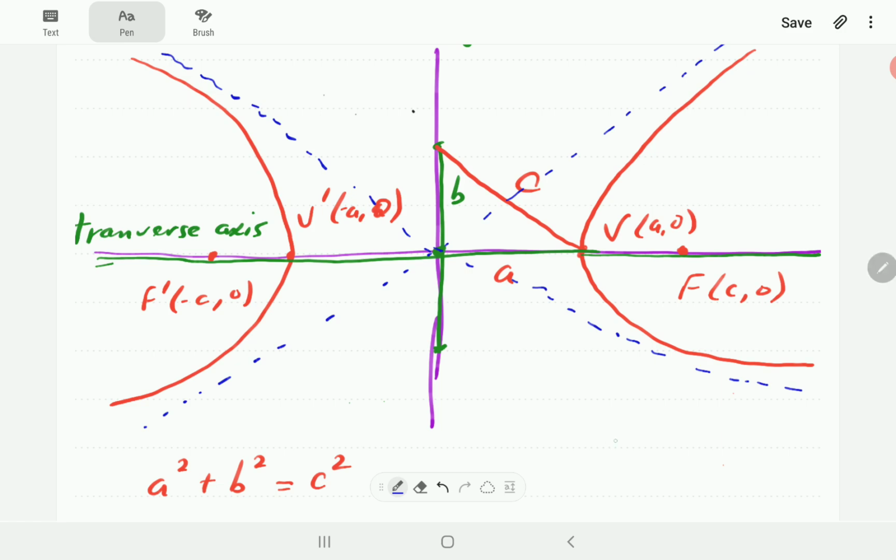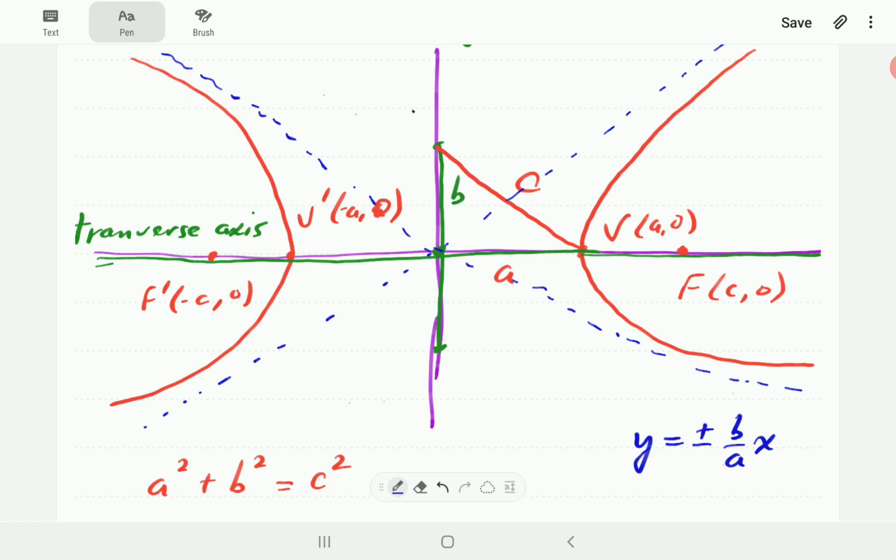The equations of the asymptotes for this orientation will be y equals plus or minus b over a times x.